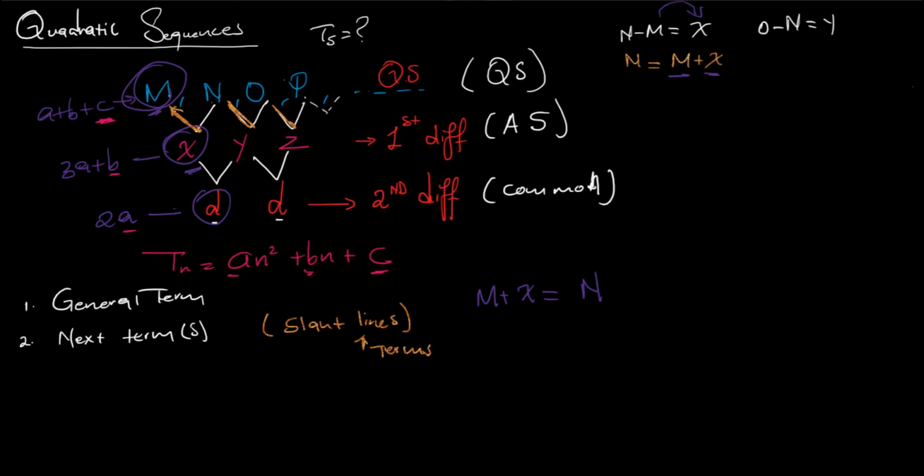And o is the same as y plus n, because if you shift n to the right, it becomes positive. You can see that indeed y plus n will give you o, because they are slant.